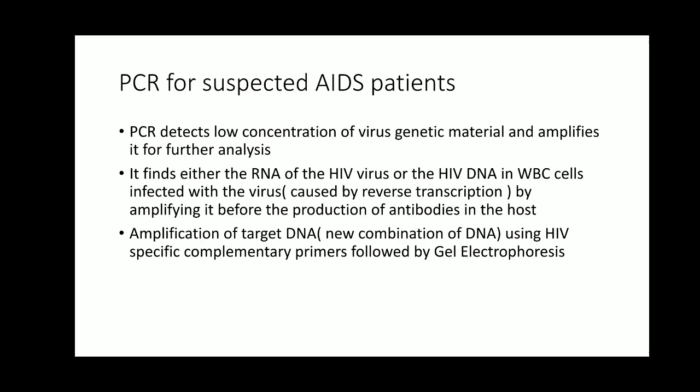It is going to amplify the DNA. What will happen in a person who is affected with the HIV virus? How does the disease mechanism take place in that person?